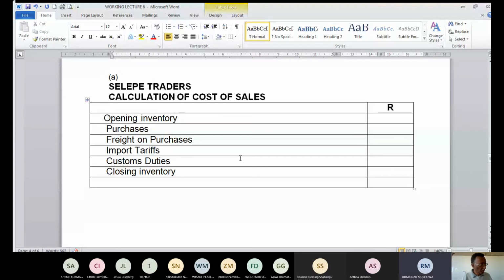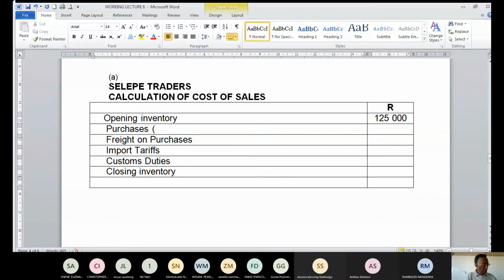The cost of sales will be equal to your opening inventory, and your opening inventory is the inventory at the beginning of the year, 125,000, plus your purchases. But the purchases, we are looking for the net purchases.